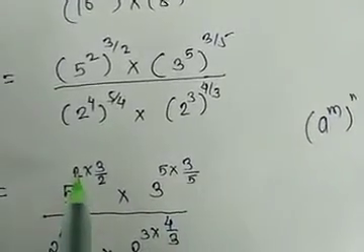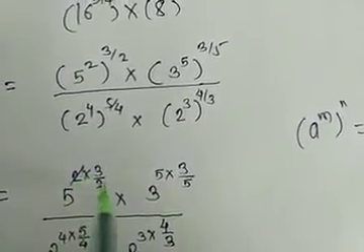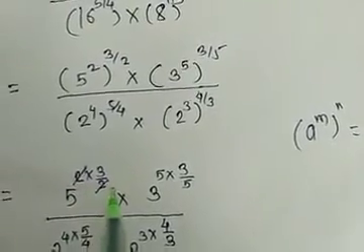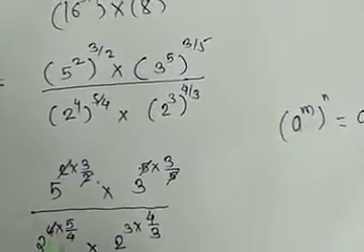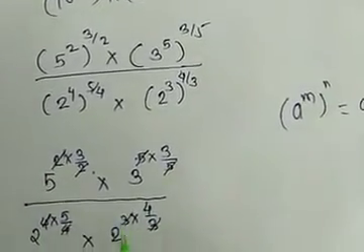Now first we simplify: here the 2s get cancelled, the 5s get cancelled, the 4 gets cancelled, and the 3 gets cancelled.